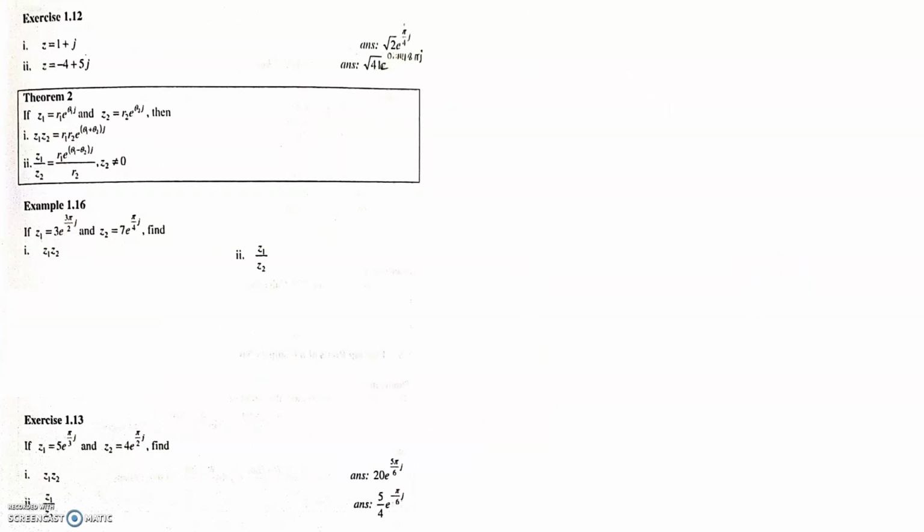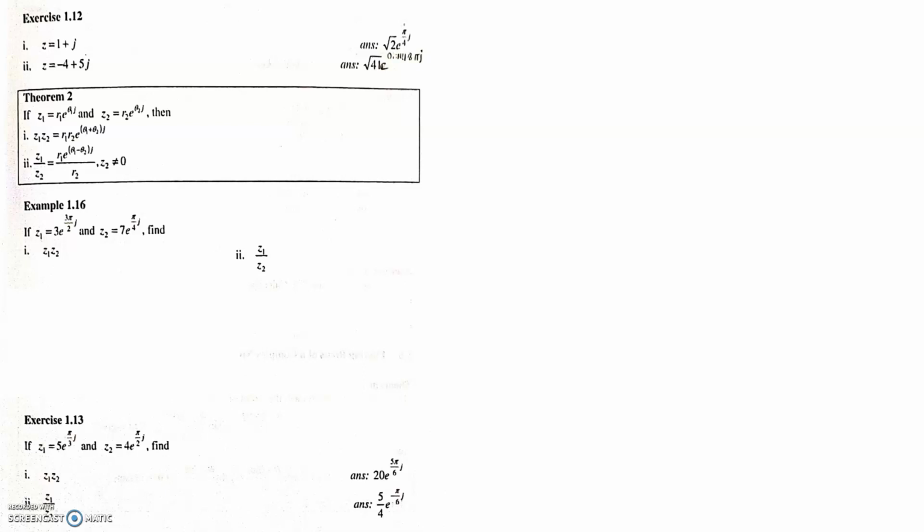Okay, so try to do the exercise, and then let's look at the theorem a bit. In every form they will tell us how to multiply, how to divide, and so on. For that, let's look at theorem 2.